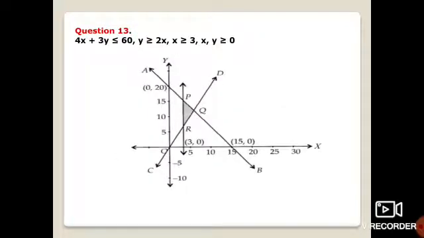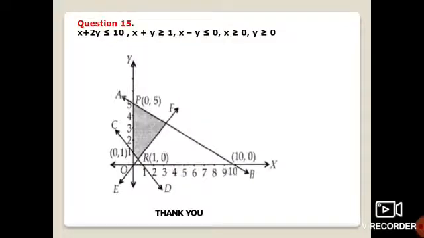Similarly this sum also, you have to draw for y equal to 2x, 4x plus 3y less than or equal to 6, x greater than or equal to 3. You will be getting 3 lines. Check the common shaded portion and draw it. Next, x plus 2y less than or equal to 10, x plus y greater than or equal to 1, x minus y less than or equal to 0, x greater than or equal to 0, y greater than or equal to 0.